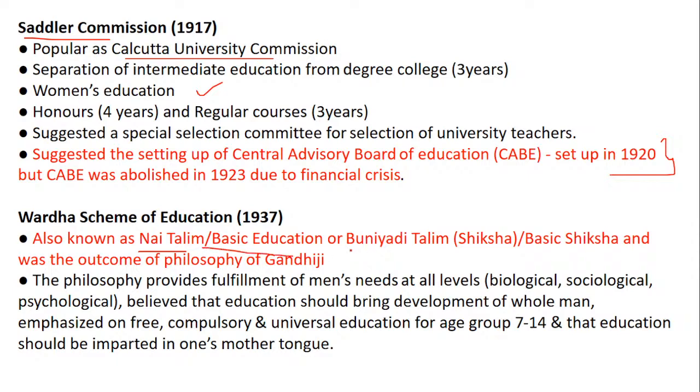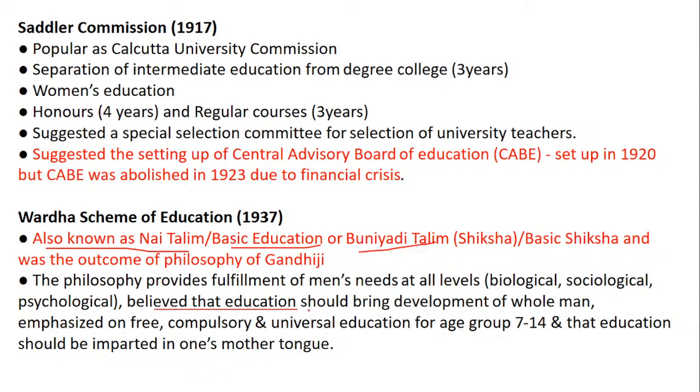Basic education or Buniyadi Talim was also seen in one of the statement questions. So it was known as Nai Talim, Basic Education, Buniyadi Talim, and the outcome of the philosophy of Gandhiji. The philosophy provides fulfillment of man's needs at all levels, so it includes biological, sociological, physiological and psychological.